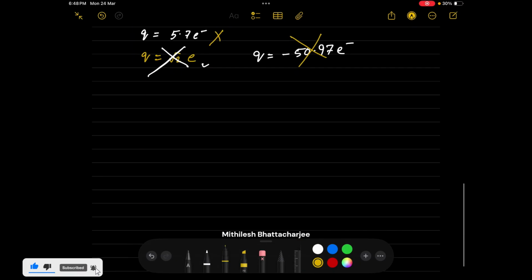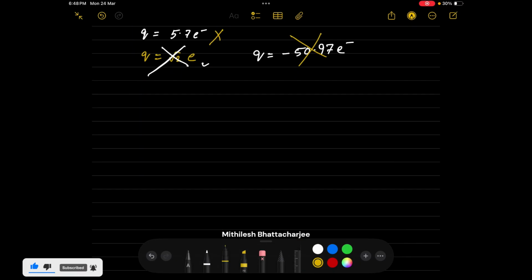Fine. So now we know that the SI unit of charge is coulomb. So why do we call it coulomb? Because as per Coulomb's law, the scientist Coulomb discovered the forces between two charges.